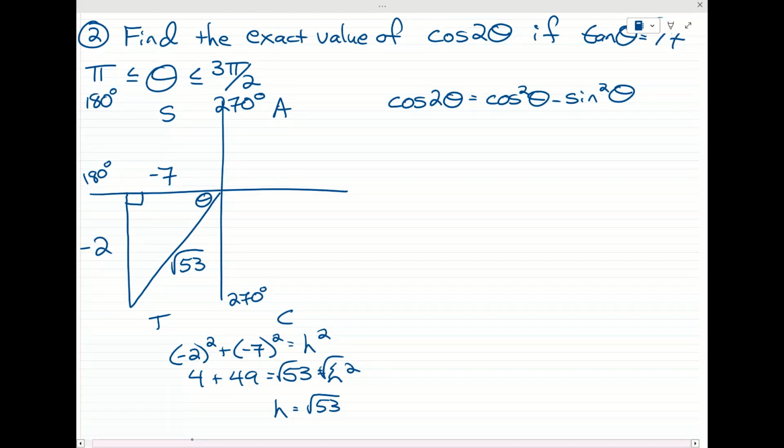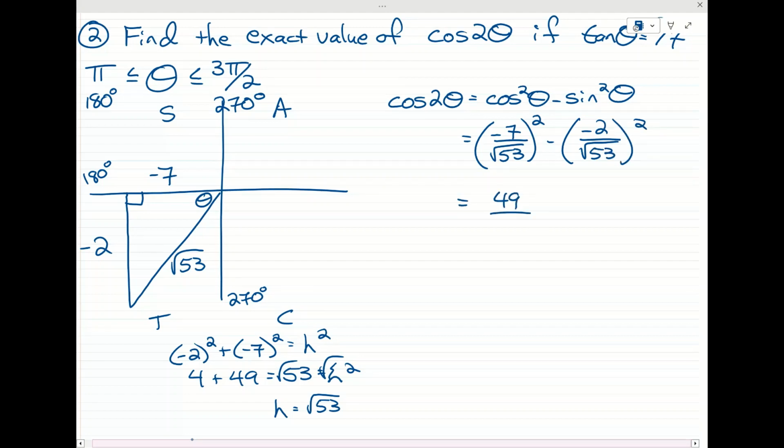So when we go to enter these into our formula, cosine would be adjacent over hypotenuse. Sine would be opposite over hypotenuse. So 49 over 53 minus 4 over 53 is 45 over 53.